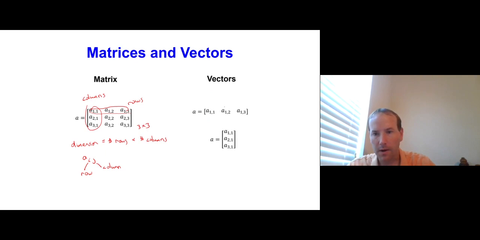So vectors are when one of the directions is just a size 1, and so this is a 1 by 3 row vector.